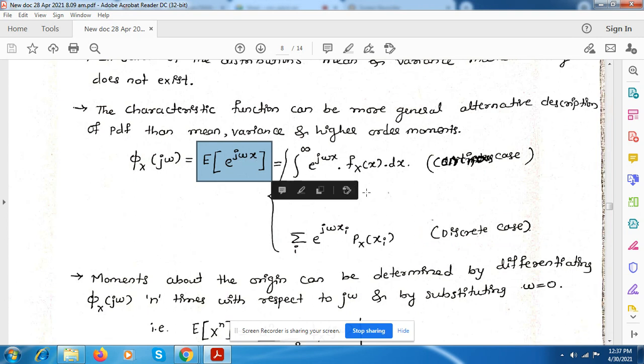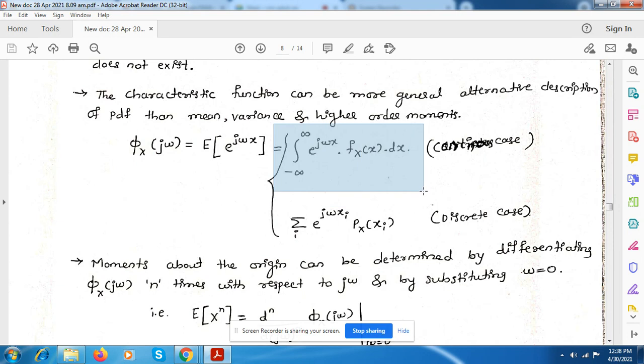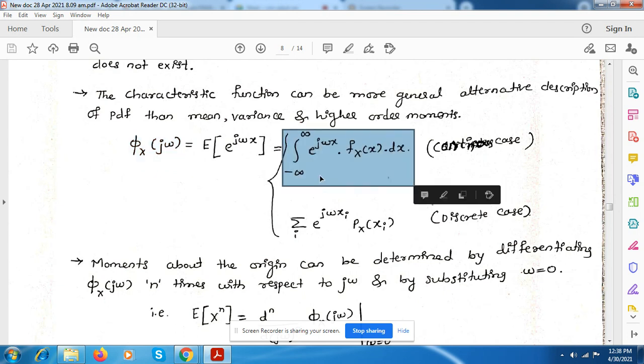For the continuous case, phi x of j omega is equal to integration from minus infinity to plus infinity e raised to j omega x into fx of x into dx.